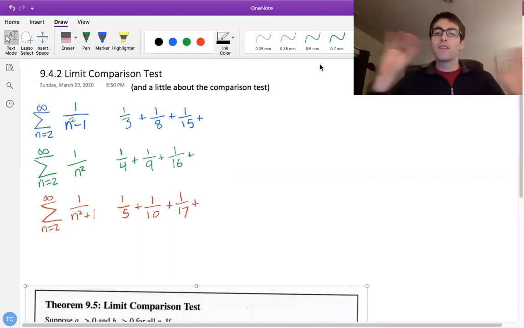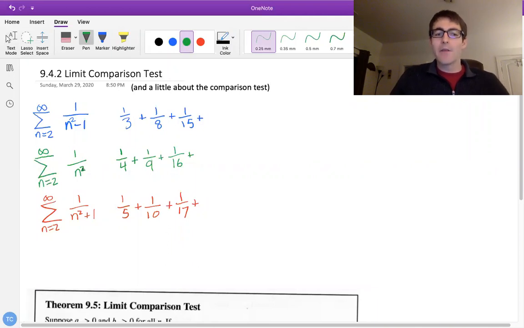All right. So before I jump into that, I want to talk about these three series we have here. So the green one is adding together the numbers that look like 1 over n squared. So we're starting with n equals 2. That's so that this blue one works out well. So with this green series, we're adding together 1/4, 1/9, 1/16, 1/25, etc. So we're taking this infinite list of numbers and adding them together.